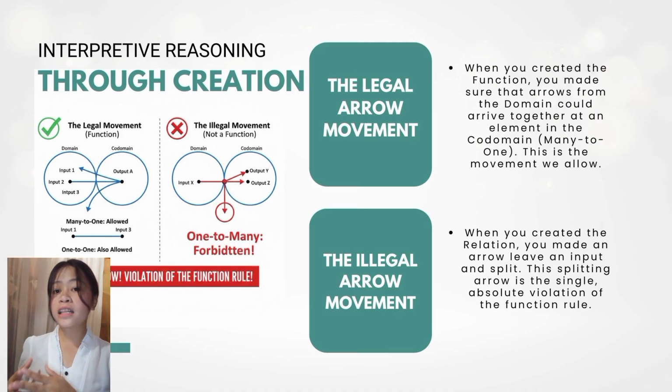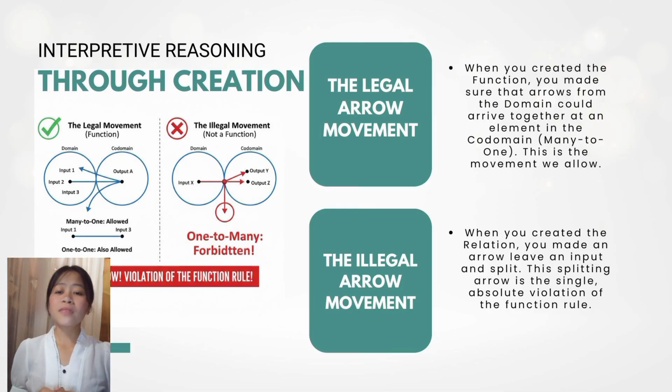The next is the illegal arrow movement. When you created the relation, you made an arrow leave an input and split. This splitting arrow is the single absolute violation of the function rule. So your mastery is achieved when you can look at any diagram and instantly state that the arrow is leaving and it's splitting. It's not a function, it's a relation.